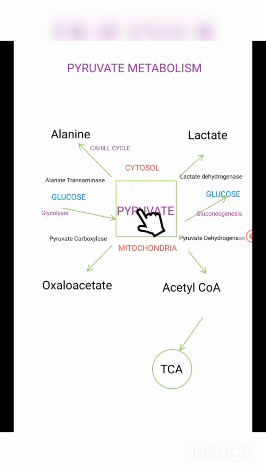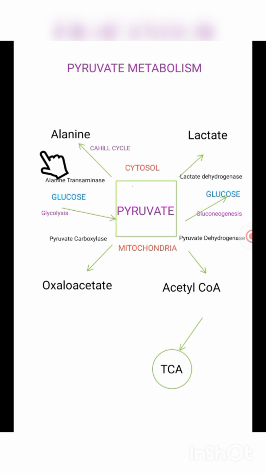So in order to allow pyruvate to also be stationed in the liver cells, for instance, pyruvate can be converted to alanine using the enzyme alanine transaminase. And this alanine is the one that is able to move from the muscles to the liver, for instance.